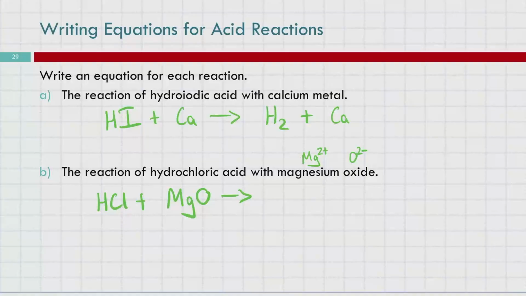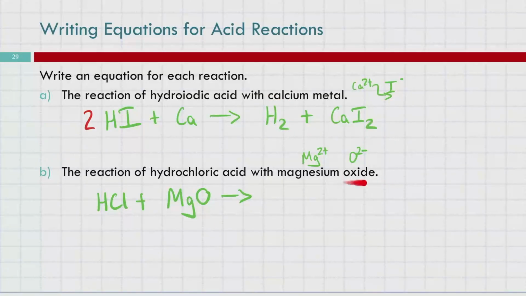Calcium is going to be 2+. Iodine, when it forms an ion, iodide, is a 1-, again because of the columns that they're in. And so it's CaI2. And then if we wanted to balance it, we just add a 2 in front of the hydroiodic acid to balance out the H2 and the I2.